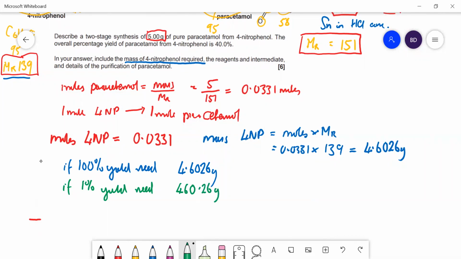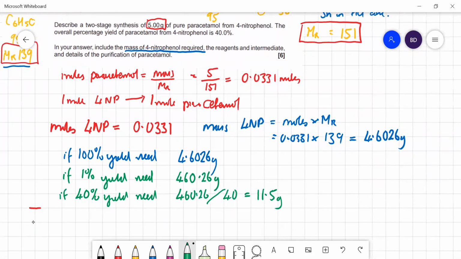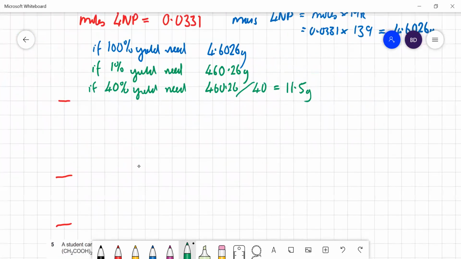But we don't get a 1% yield, we get a 40% yield, so we only need a 40th of that. We need 460.26 over 40, which is equal to 11.5 grams. That's how much we need. So that's that question finished.